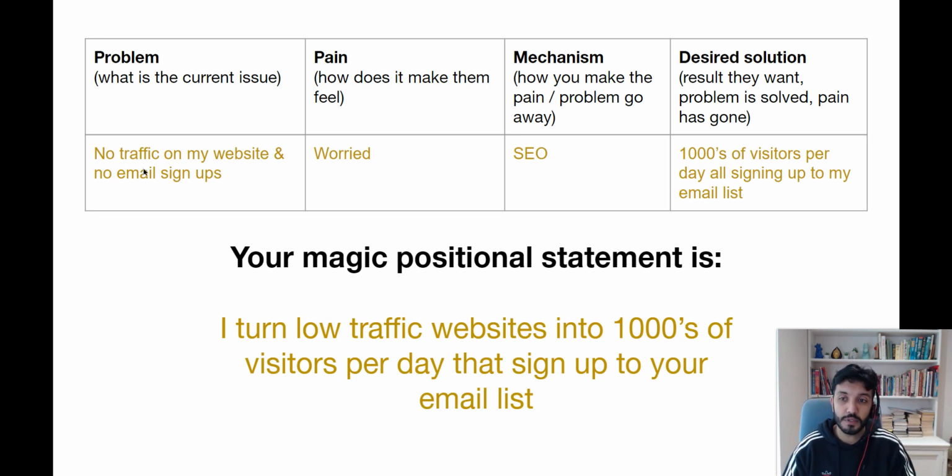That is why it's important to put in here how they're thinking. So it just easily gives your positional statement so much more impact straight away, and it makes it very easy for you to formulate. So I turn low traffic websites, right, no traffic on websites, into thousands of visitors per day that sign up to your email list.